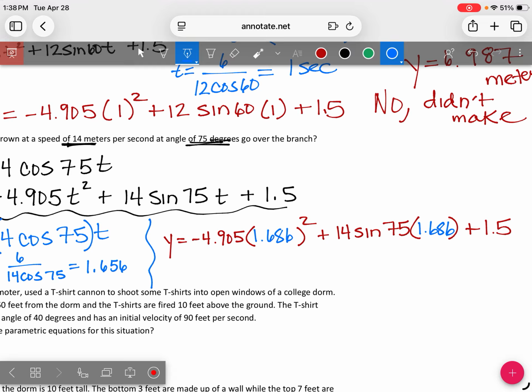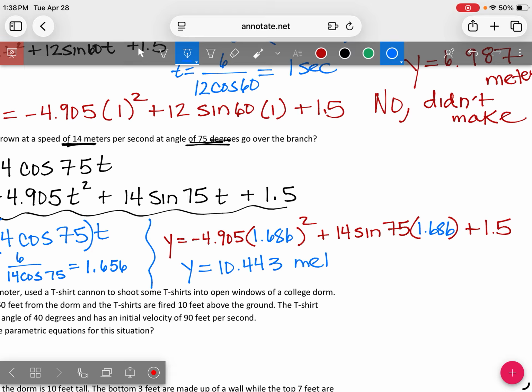I got 10.443. Oh, it's 75, not 70. All right, so the second time he threw it, it was 10.443 meters.